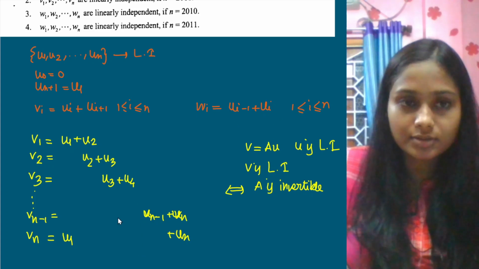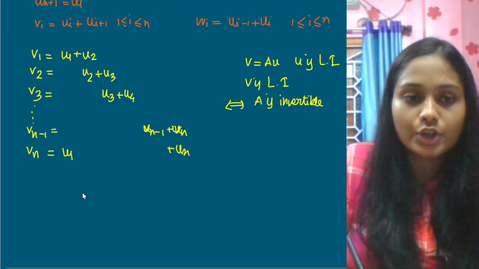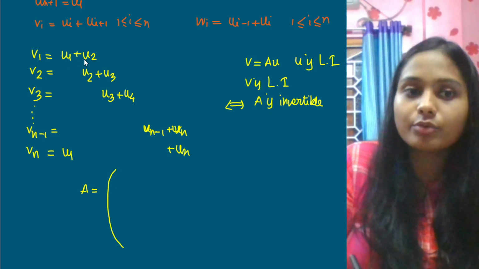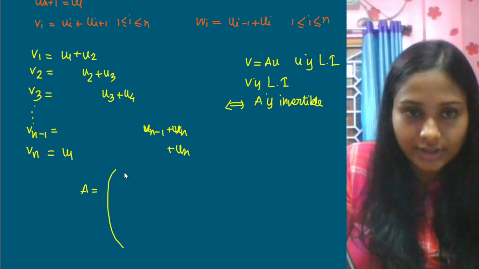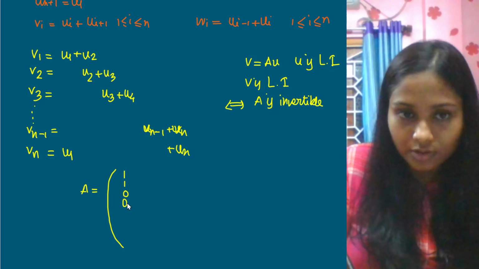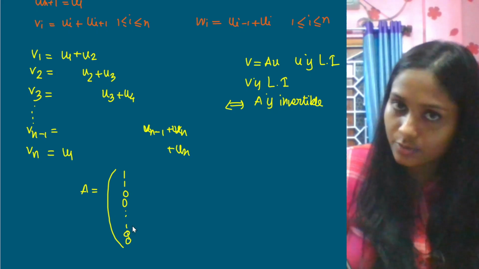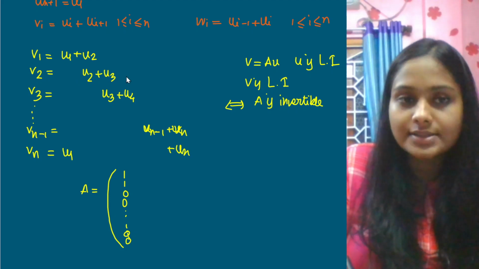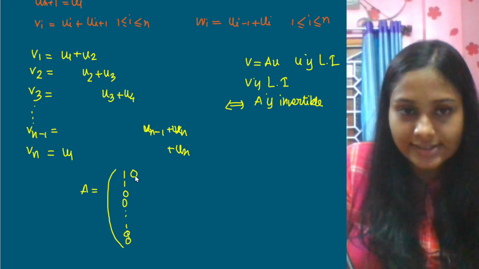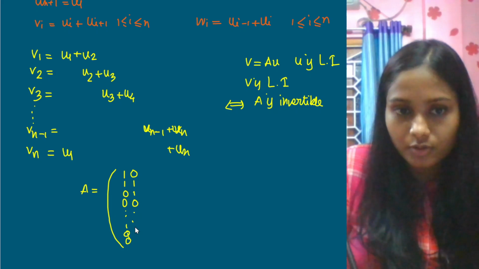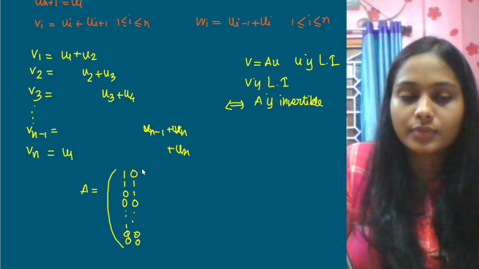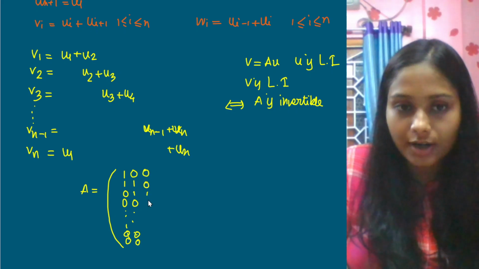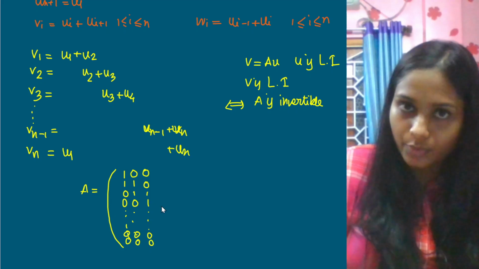So let us see this vi case. So here A will be this matrix. Here 1 1, other terms are 0. So it is 1 1 0 0 up to 0 0. After that it will be 0 1 1 0 0 0. After that the term will be 0, 0, 1, 1, 0, 0.